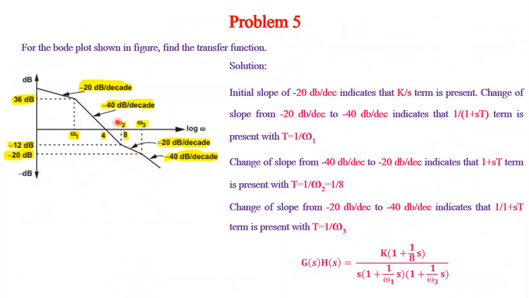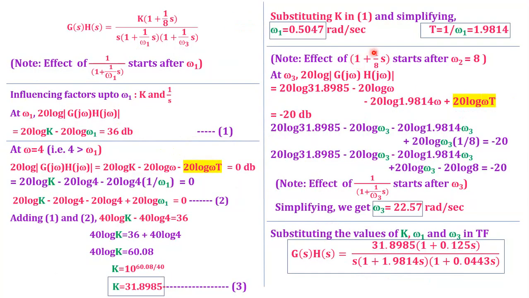After omega 2, the 1 plus st factor influences, but this factor will not influence. The effect of 1 by 1 plus st starts after omega 2. Therefore, when I calculate the magnitude, I should consider this factor also.